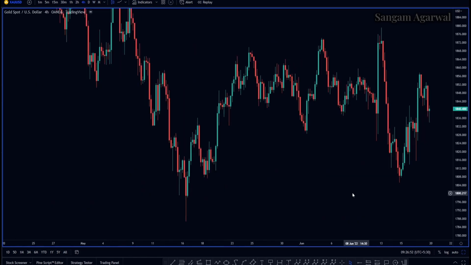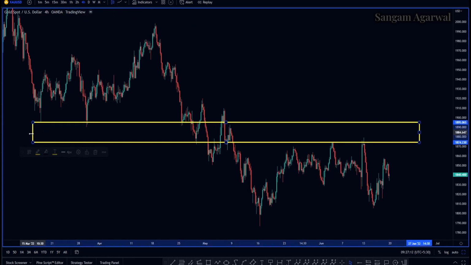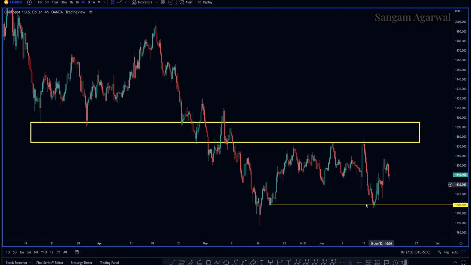And if we go to the H4 time frame, then this is our key resistance area from 1874 to 1895, and our downside support is 1808.